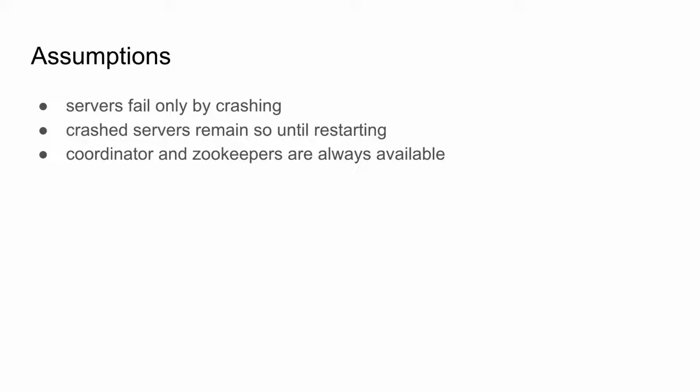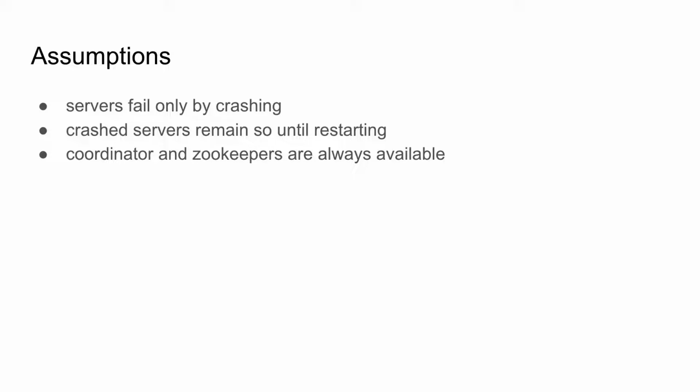The coordinator and Zookeeper, which are the heart of Uniserve, are always available. If either the coordinator or Zookeeper fails, the cluster will be unavailable until it is restarted. The coordinator stores all its state in Zookeeper. If Zookeeper is also down, then the system is also unavailable.